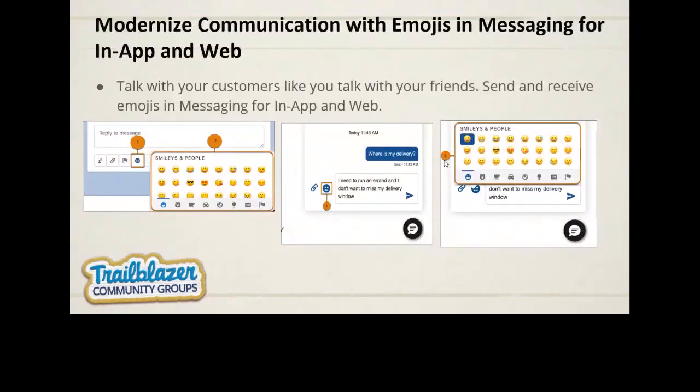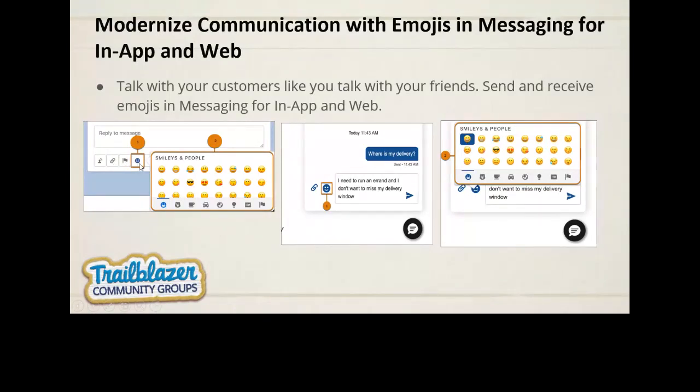But there are a couple of things which I personally felt were important. So first thing is in the messaging channels, be it Facebook Messenger, WhatsApp, or live chat, now you have the flexibility to directly insert emojis. You have the button, like how you can transfer, or link, or flag, right?